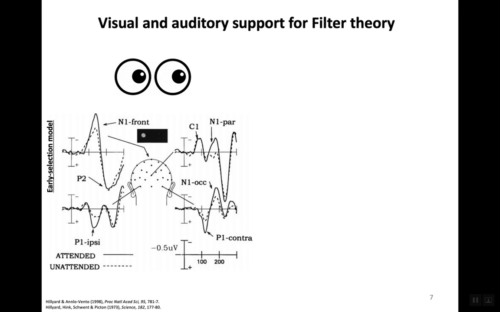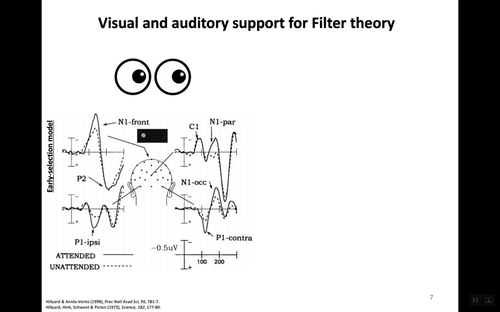So on both sides of the occipital cortex, we see that attention has a robust effect. It presumably amplifies the amount of neural processing that a stimulus receives as a result of attentional deployment.